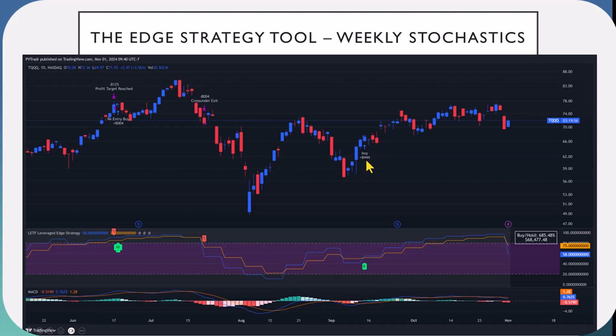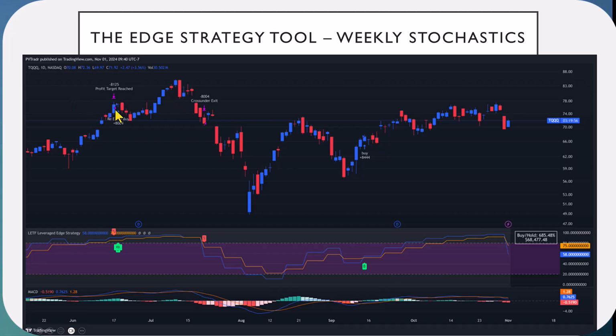In this case, it's a buy signal, buying a number of shares based on the strategy. This is an exit, and this is a profit target reached, which involves a sell and then in this case, a rebuy right after that because the strategy thought it would still continue going up, and it did.